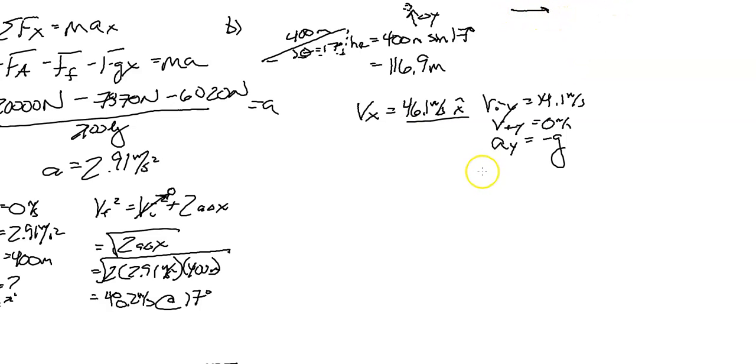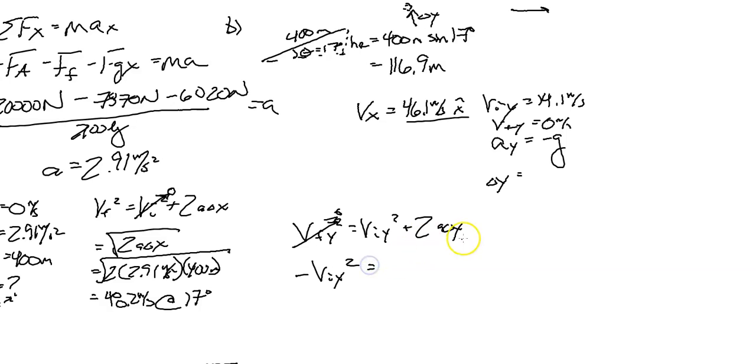Since I've got 3 variables here in the y, I'm just going to go straight to delta y. That's going to be velocity final in the y squared equals velocity initial in the y squared plus 2a delta y. Velocity final is 0, so that cancels. Subtract that over: negative velocity initial squared equals 2a delta y.